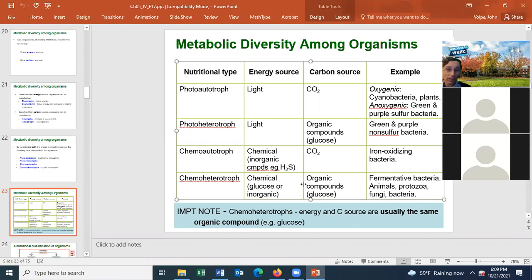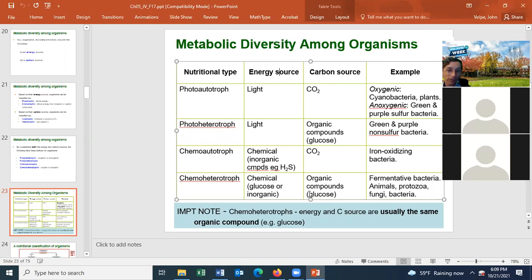The chemoheterotrophs get their carbon source from an organic chemical compound such as glucose, and that's where we get our carbon source. You'll note that we get our carbon source and our energy source generally from the same molecule.